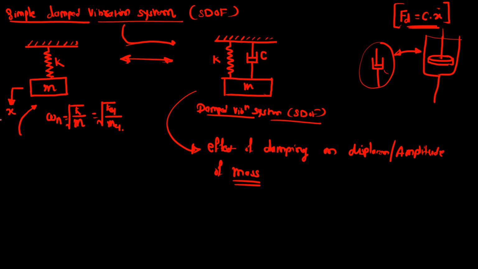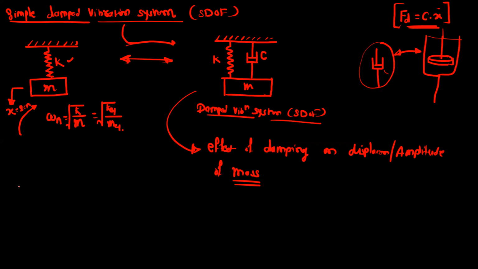You pull the mass by applying some force, by a displacement, let us take this as 2 centimeter, and after 2 centimeter, you release the system. That means you release the force. Then the mass will keep oscillating or vibrating due to its spring stiffness K and due to the inertia forces.